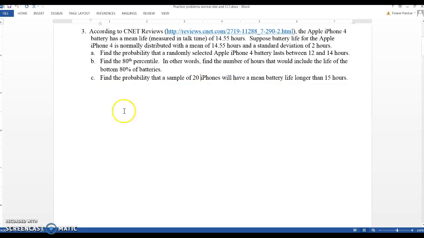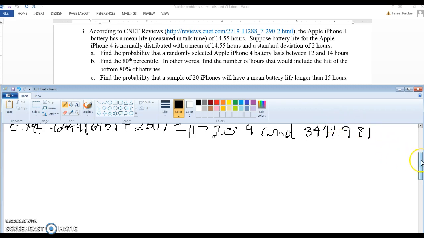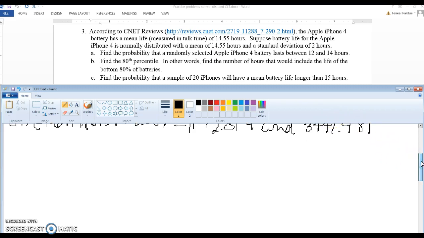Part A: the probability that one randomly selected iPhone battery lasts between 12 and 14 hours. So this is a between, so that means we've got the less than, the less than.